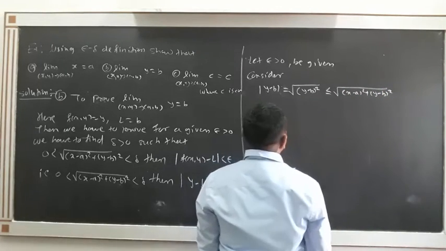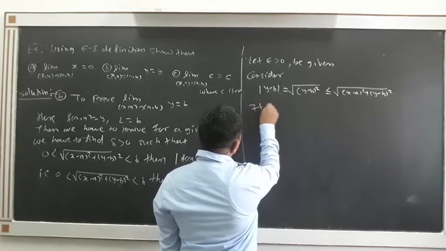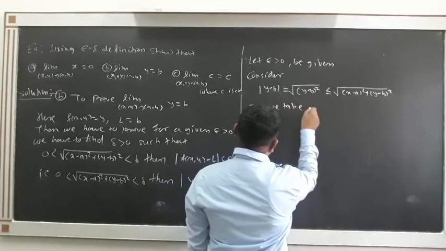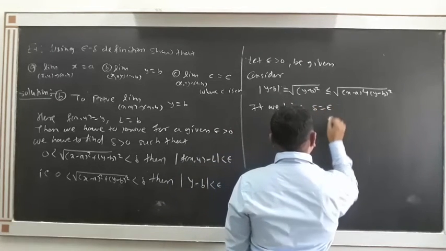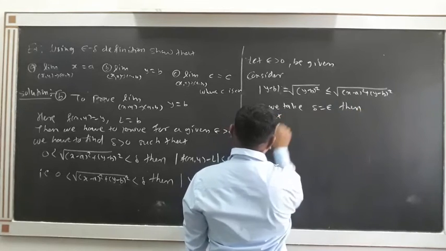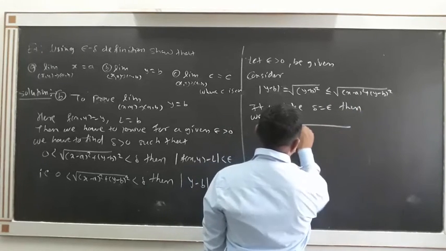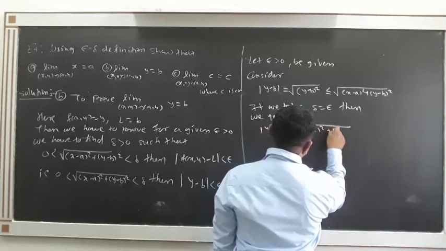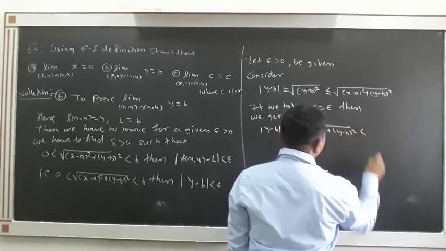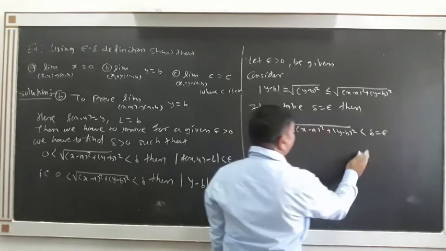Okay, so if we take delta equal to epsilon, then we get mod of y minus b is less than or equal to the square root of (x minus a) square plus (y minus b) square, which is less than delta, equal to epsilon.